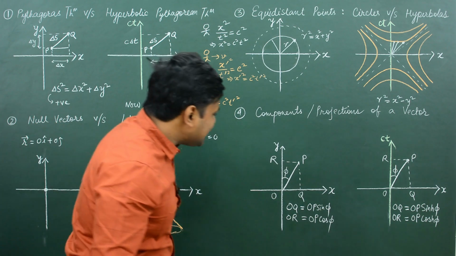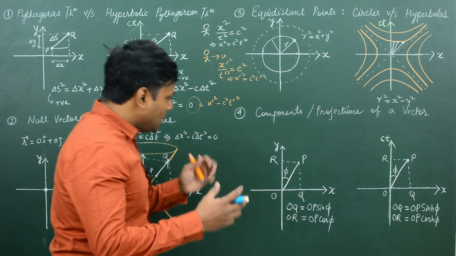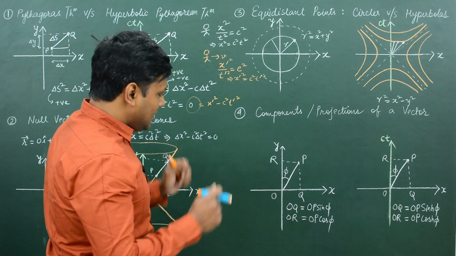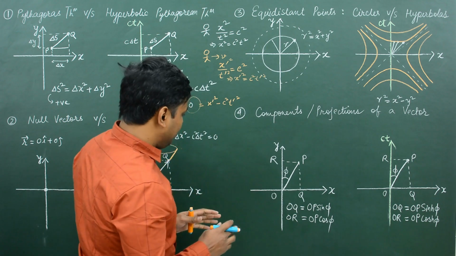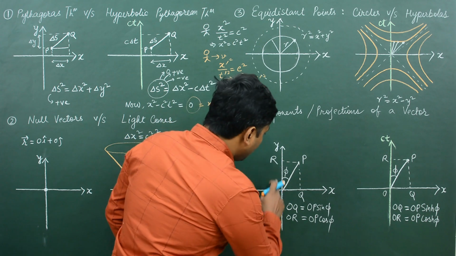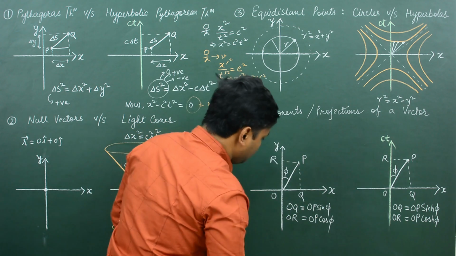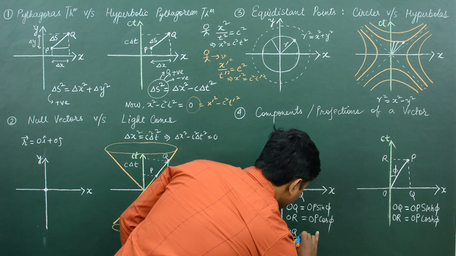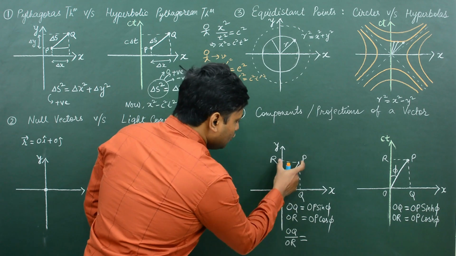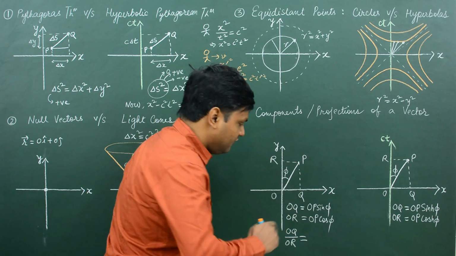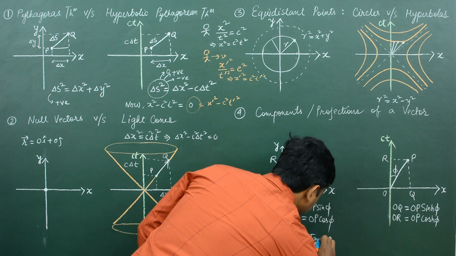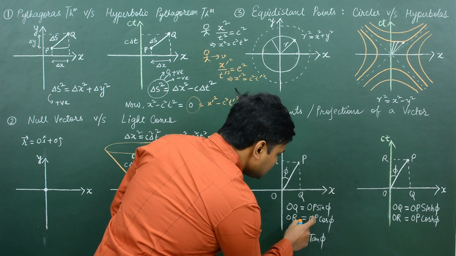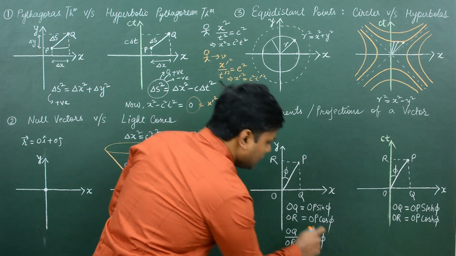In fact, using this, I can find out how the angles are related to the x and y components. So if I take OQ upon OR, what is OQ upon OR? OQ upon OR is nothing but tan phi, because OP sine phi upon OP cos phi is equal to tan phi.